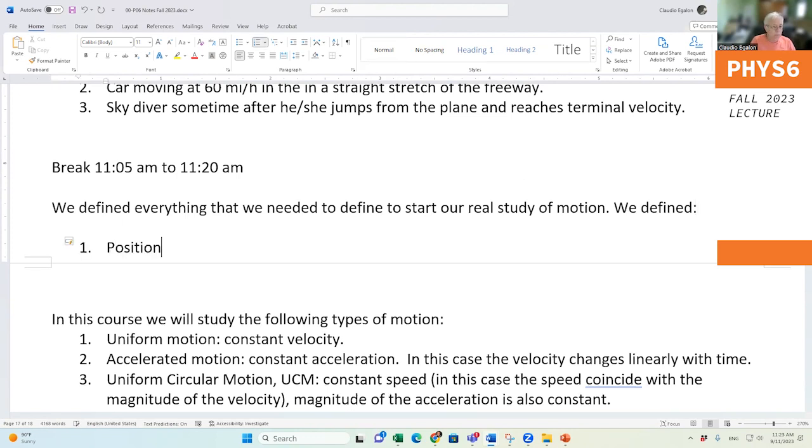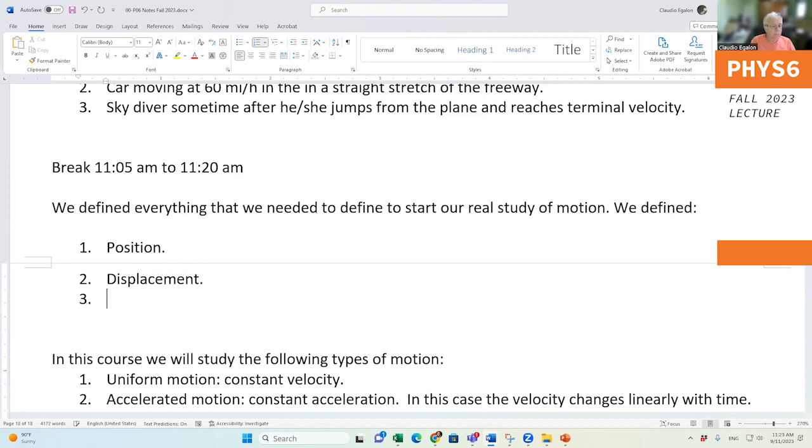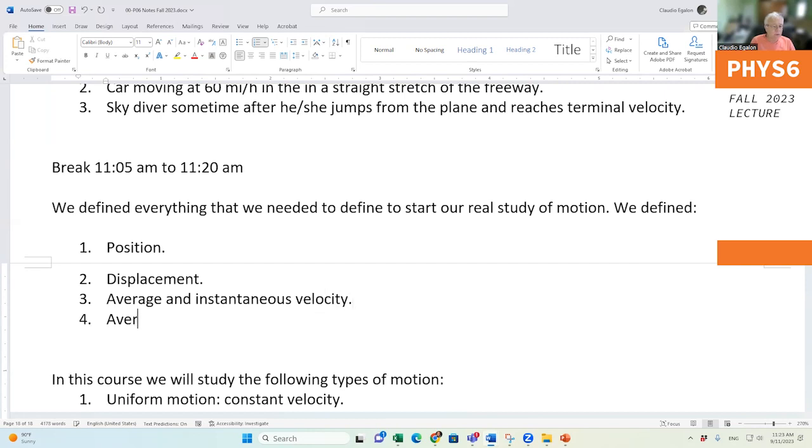One, position, displacement, average and instantaneous velocity, and average and instantaneous acceleration. Okay.